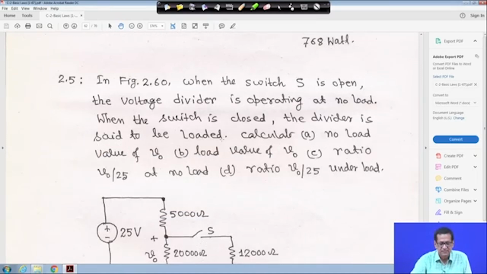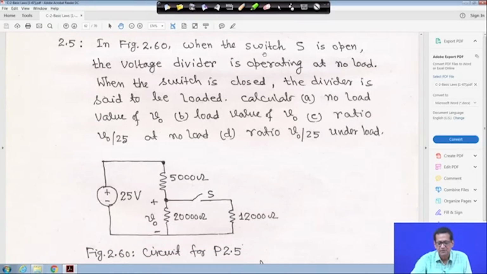Then this one, in this another problem, in every chapter I will try to give you some 5 to 10 problems. In this circuit, switch AC is open, right. The voltage divider is operating at no load when the switch is closed. The divider is said to be loaded.